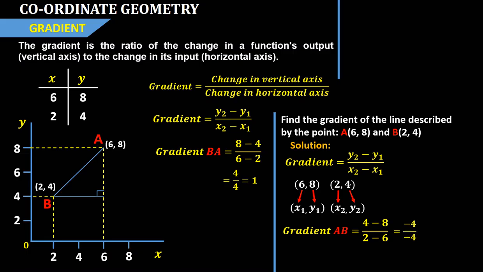So the gradient will be equal to negative 4 divided by negative 4, because 4 minus 8 is not just 4, it is negative 4. And 2 minus 6, because you can't remove 6 from 2, you'll be tracking back to the negative side, so that's negative 4. Negative 4 divided by negative 4 is going to result in 1, because the negatives cancel each other out. So our final result is just 1.